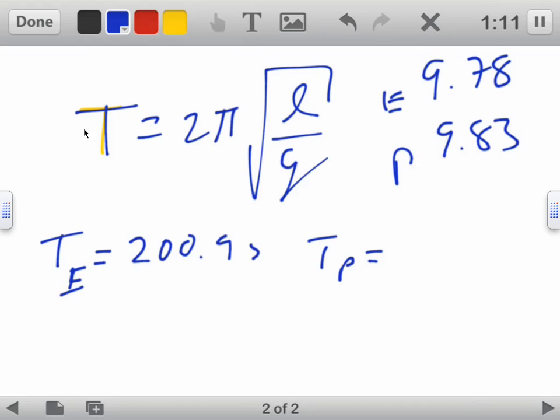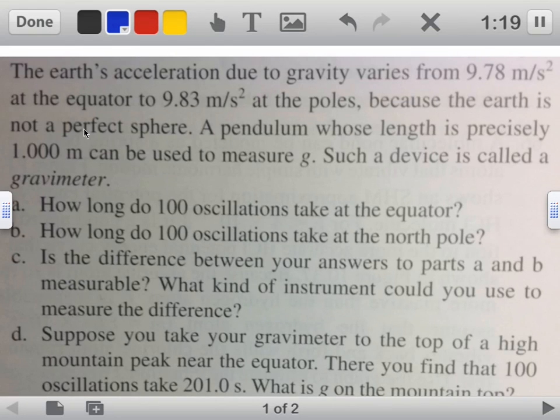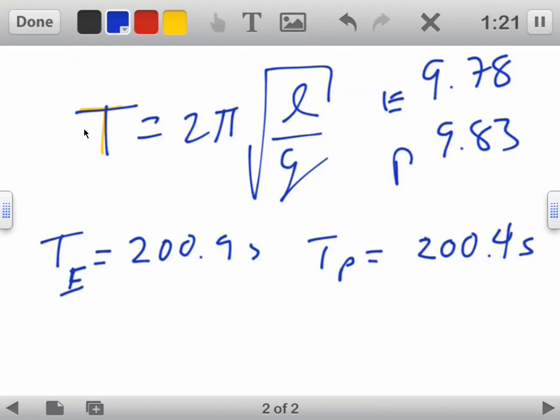And what was the other one? 200.4 seconds. All right. So is there a difference? Yes. You could use a stopwatch to measure it, but what's the problem in using a stopwatch? Yeah, right. Human reaction time is around 0.2 to 0.25 seconds. So you could almost lose the difference in your human inaccuracy.